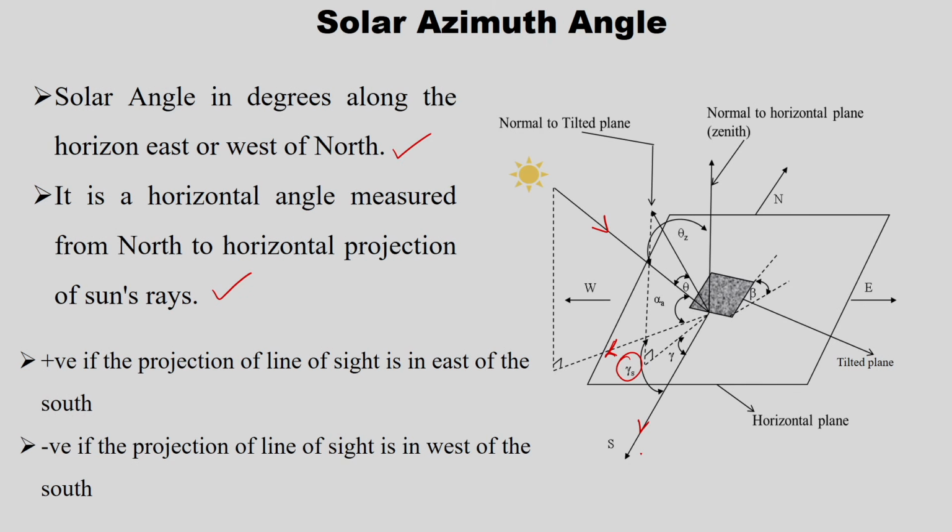The angle made between these lines is called the solar azimuth angle. It is positive if the projection of the line of sight is east of south, in this direction, and negative if the projection is west of south. This also varies from 0 to 180 degree.